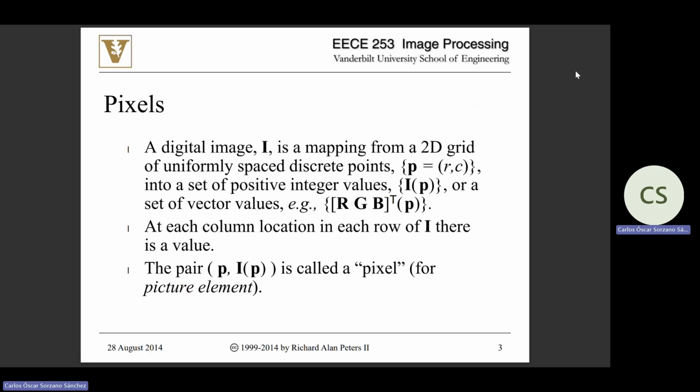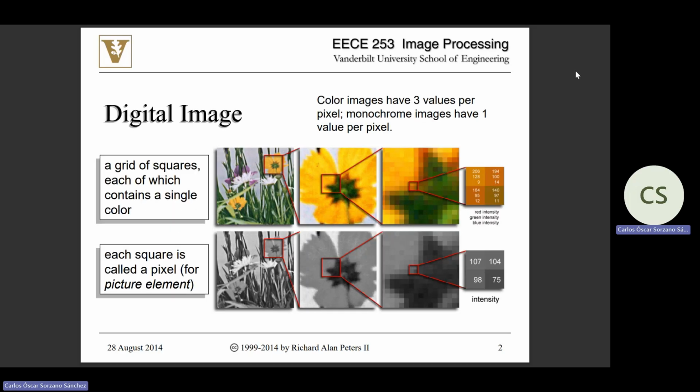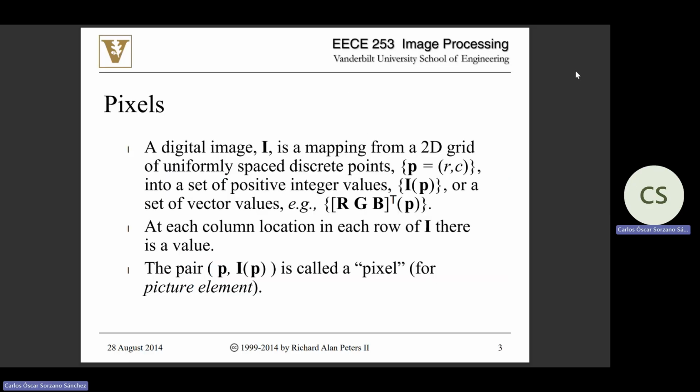When you have images, you talk about pixels. I don't need to read absolutely everything that is on the slide. The important thing here is that when you talk of an image, each one of these squares is a pixel. The definition of a pixel is the pair: location, and the value of the image at that location.